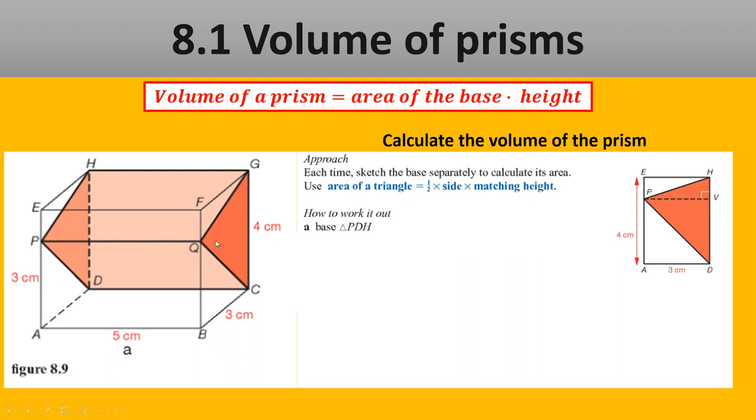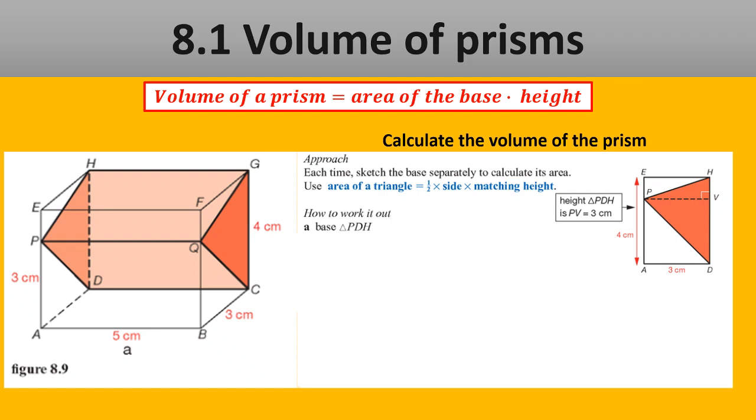So here, how can I now calculate PDH? Well, you can use two different ways. Sometimes it's easier to calculate the area of the triangle itself, and sometimes it's easier to take the area of the rectangle and subtract the pieces that are not part of it. Here, it's easier to in one go calculate the area of DHP. What was the formula for the area of a triangle?